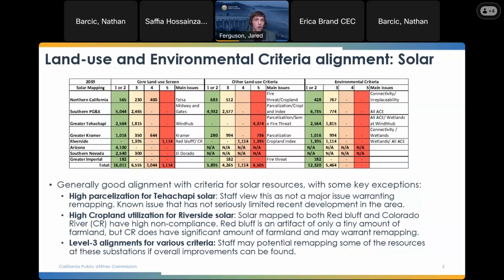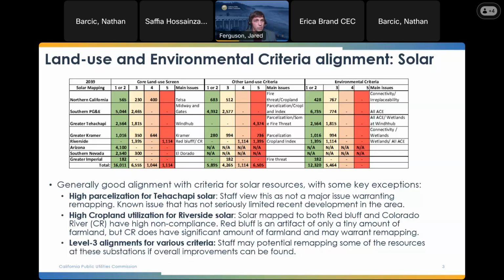And so when we were reviewing and developing the parcelization data set, CEC and CPUC staff, we recognized that we may have this sort of issue with how the parcelization is scaled, particularly for the Tehachapi area.